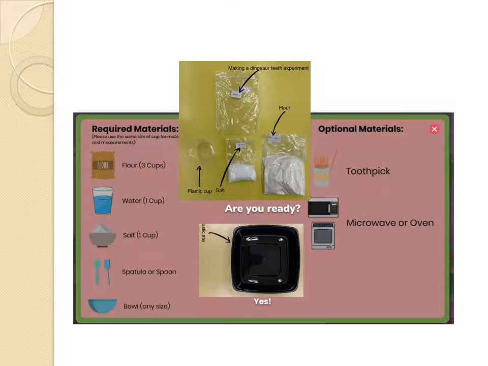Now, how to set up the experiment? As I said, in this lesson, we are looking at the topic herbivore and carnivore. So we will be doing the herbivore and carnivore tooth experiment. So here we take experiment bag number 1 only.